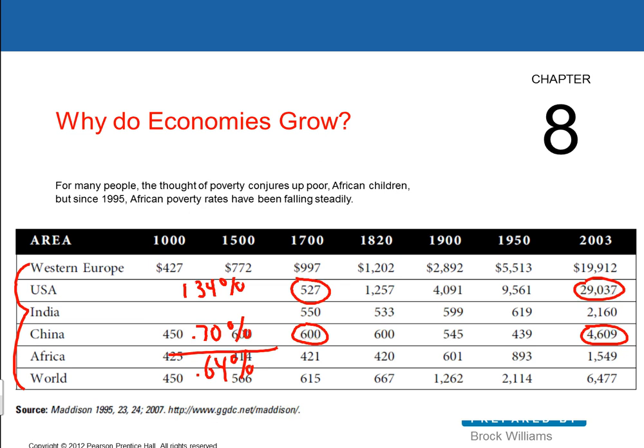That's kind of fascinating because when you look at just a small difference in the growth rates, we end up with a huge difference in the per capita GDP over time. That's about 6.3 times as much in the USA as in China. So what that says is that just a small increase in economic growth, if you compound it over about 300 years, causes a very, very large difference in actual output.